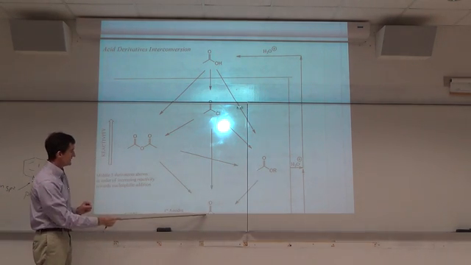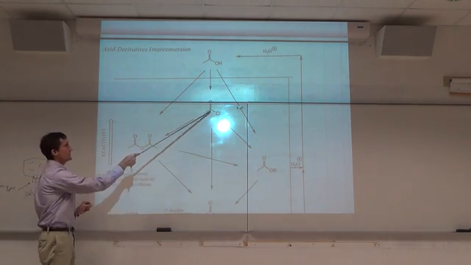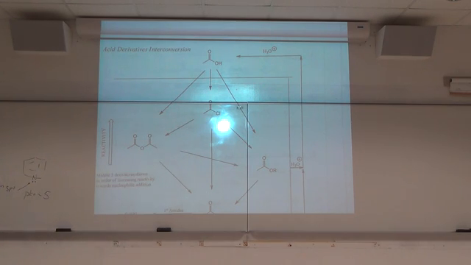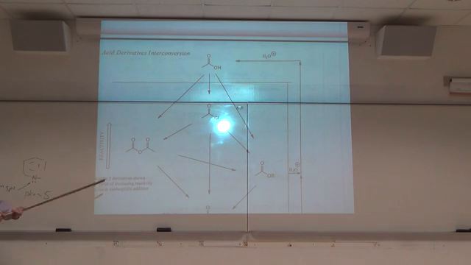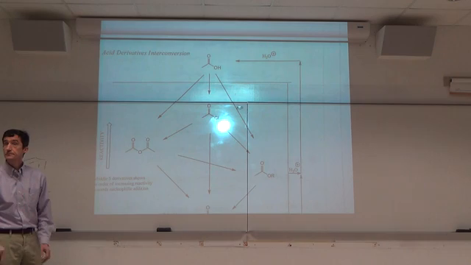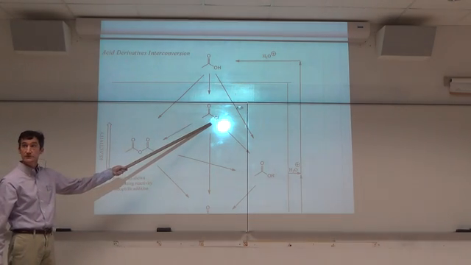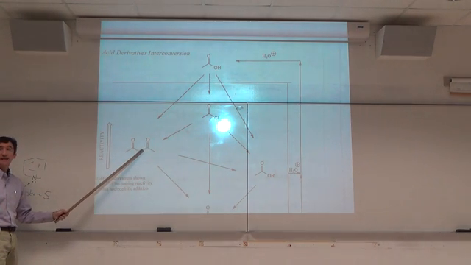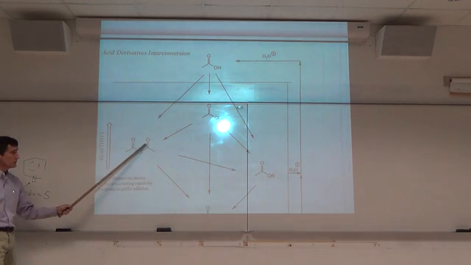This is probably amides, nitriles, two functional groups that are not on the other handout. Acid chlorides, but we've seen acid chlorides before, used in the Friedel-Crafts acylation. This is an anhydride. We'll learn about them.